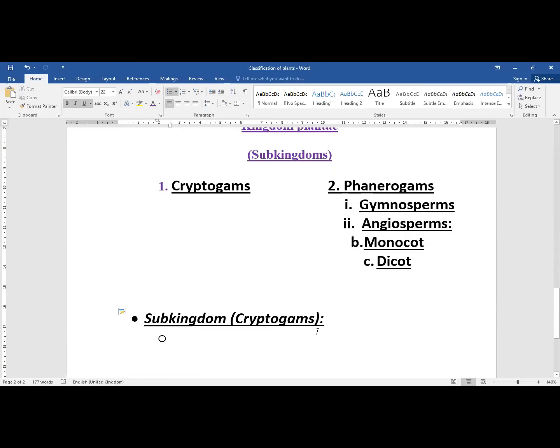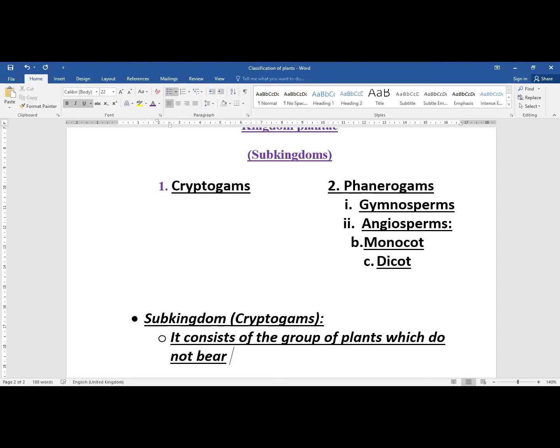So let's write about subkingdom cryptogam. It consists of the group of plants which do not bear true flowers or seeds.